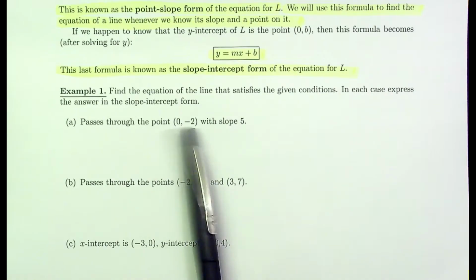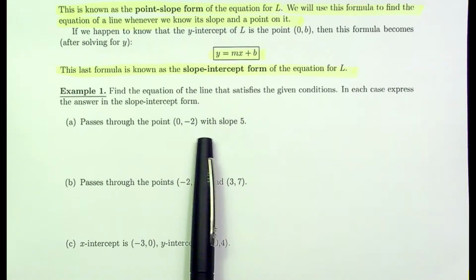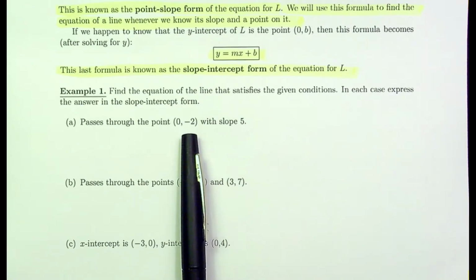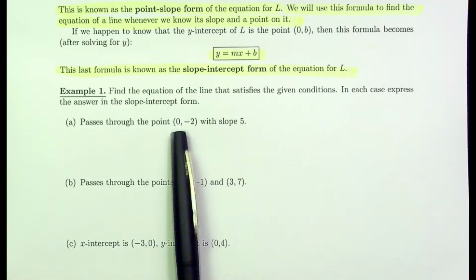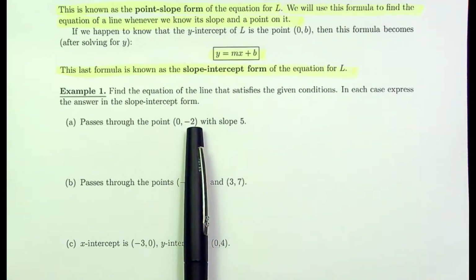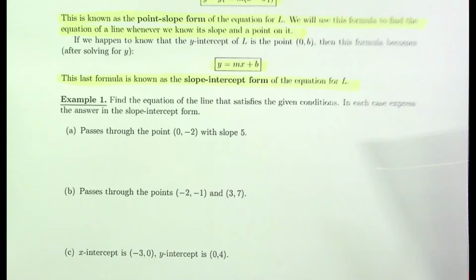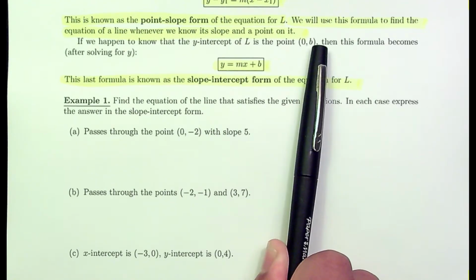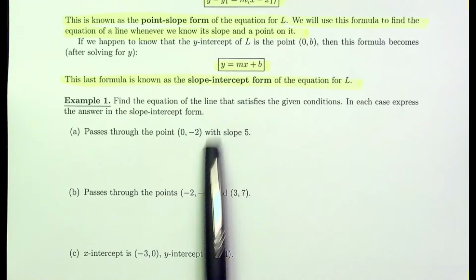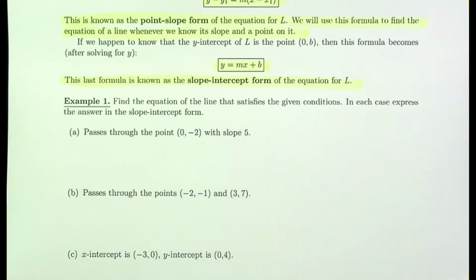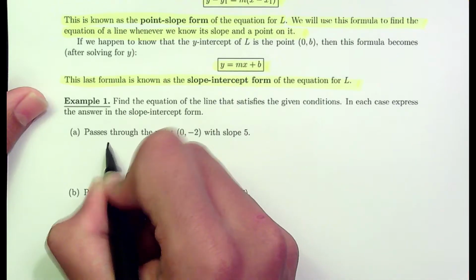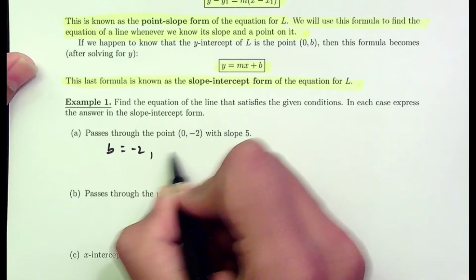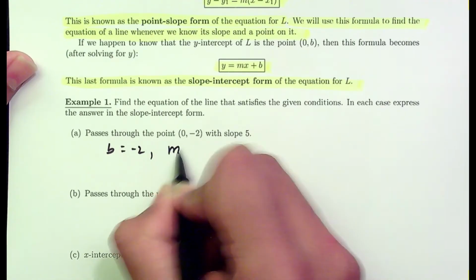Notice, however, that this point is not just any old point. This is actually the y-intercept, because the first coordinate is 0. So that means this is actually the b. Whenever you have a point on the line that looks like that, that is precisely the y-intercept. So that means this number right here is the b. So b equals -2. That is the y-intercept, and you know that the slope equals 5.